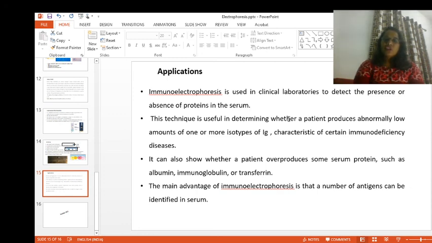It can also show whether the patient overproduces some proteins like albumin, immunoglobulin, or transferrin, which are indicators of some other diseases. The main advantage of immunoelectrophoresis is that the amount of antigen can be quantified in the identified serum. By seeing the precipitating lines, we can quantify how much antigen is present.